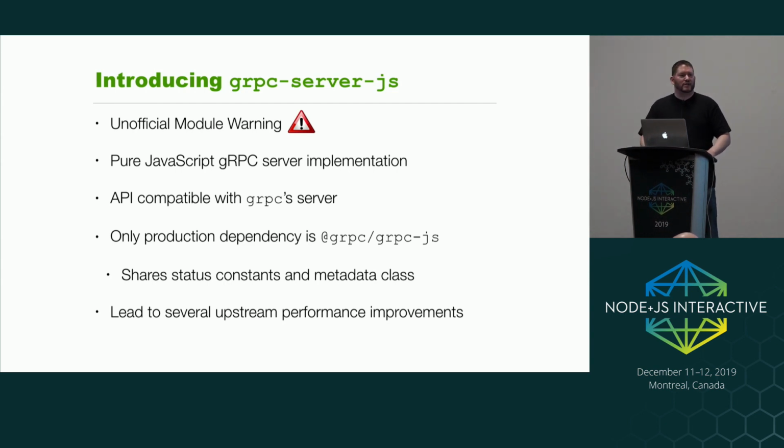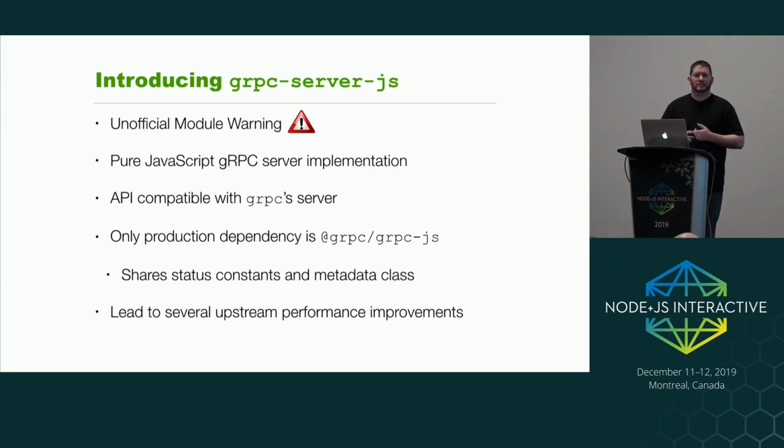It's a server. It's written in pure JavaScript, no TypeScript here. It's also API compatible with the gRPC module. So, again, you can drop it in for the gRPC module, or now the gRPC-JS module. It now has a server component. The only production dependency is gRPC-JS, which is used for some shared data structures.